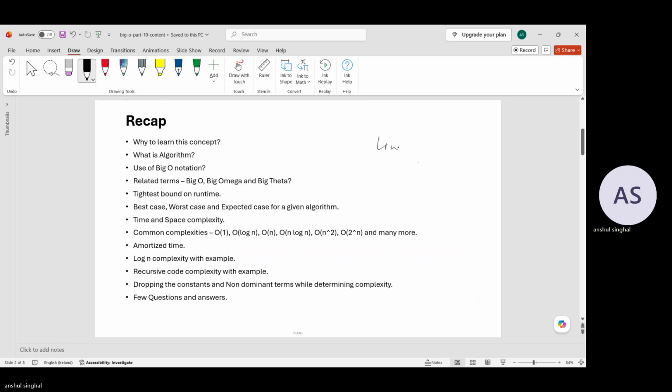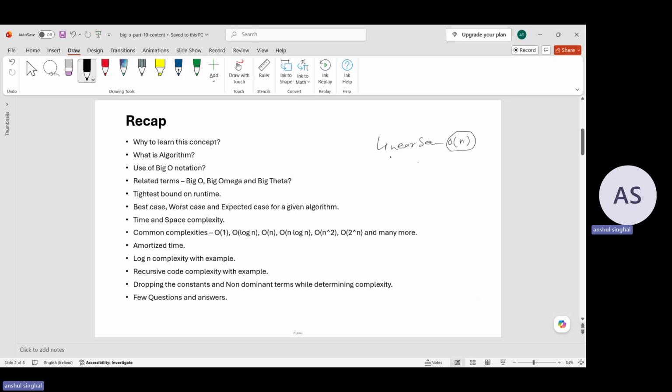So in linear search, my algorithm is going to take order of n time complexity, or the linear search algorithm runtime is going to be order of n, because we have to traverse through the entire array to find a matching number.